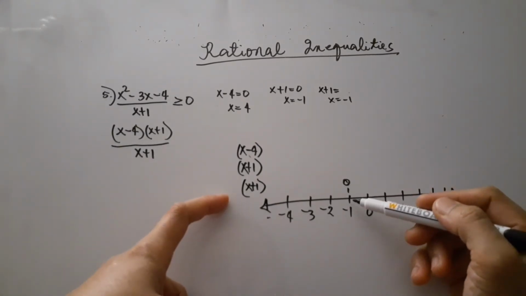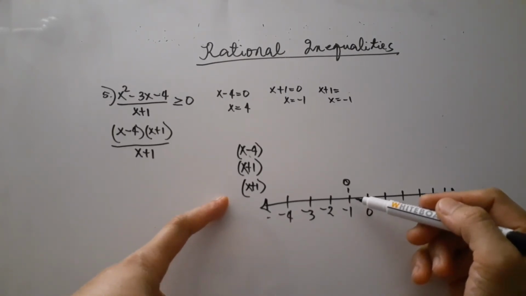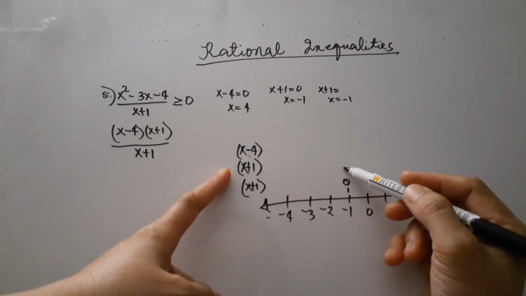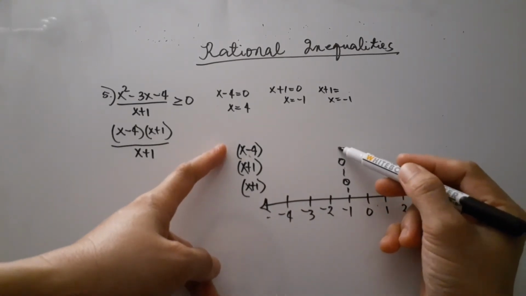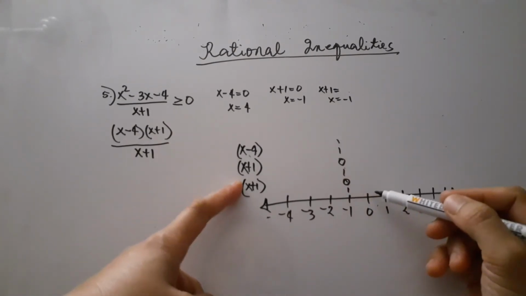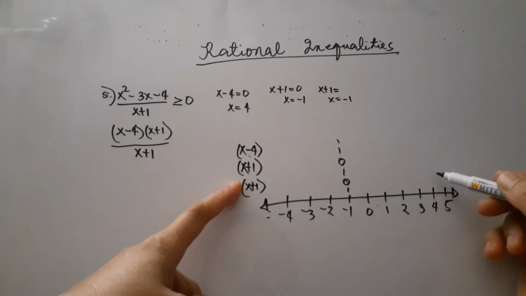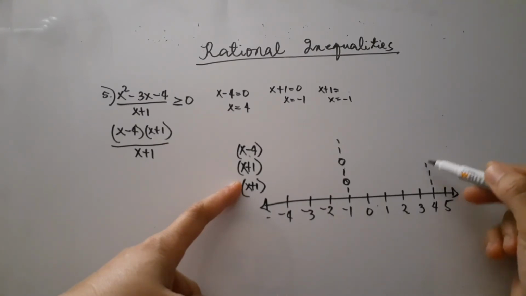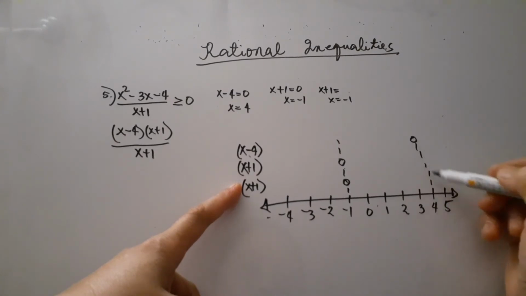And also here is negative 1 in the second equation. So we can also put it here. And then if x minus 4 is equal to 0, then x becomes positive 4. So we can put it here.